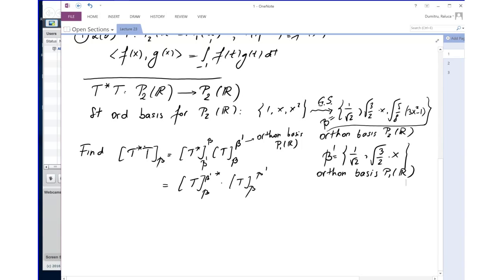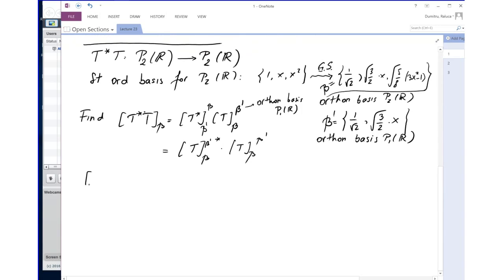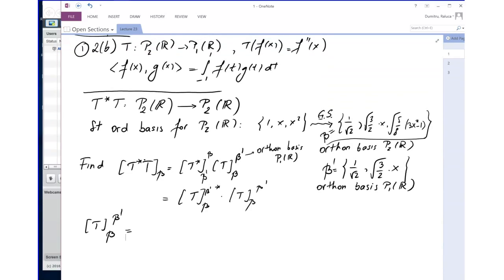Okay, so let's see. T goes from P2 to P1, so it's a 2 by 3 matrix, right? It goes from dimension 3 into dimension 2, so the matrix is 2 by 3.